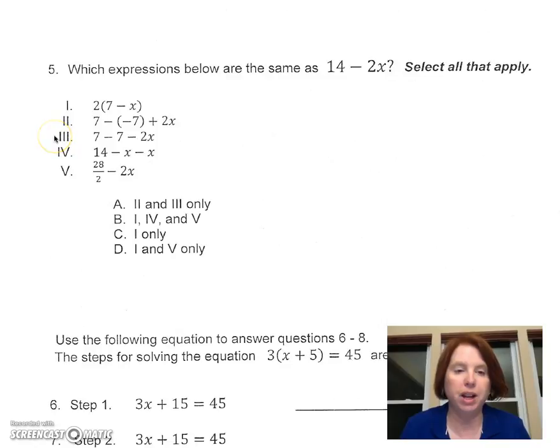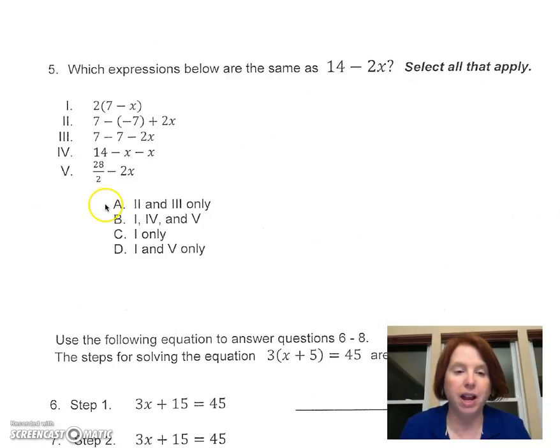Roman numeral 3, 7 minus 7 minus 2x. Roman numeral 4, 14 minus x minus x. And Roman numeral 5, 28 over 2 minus 2x. Again, select all that apply that are the same as 14 minus 2x.